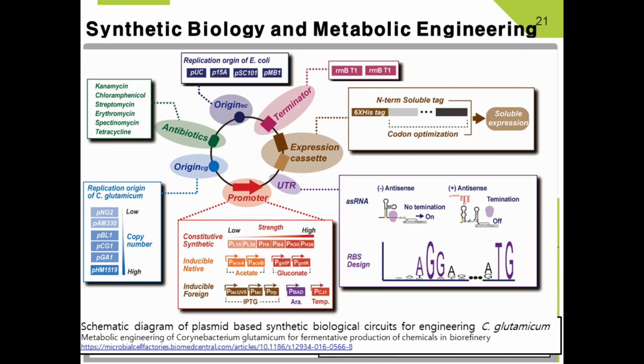Now, it is very good to have a high copy number of your target gene if you want to produce the enzyme very well. Now, if producing the enzyme very well affects the strain negatively or affects the production process negatively, you need to use a low copy number of replication origin so that the negative effect is minimized.